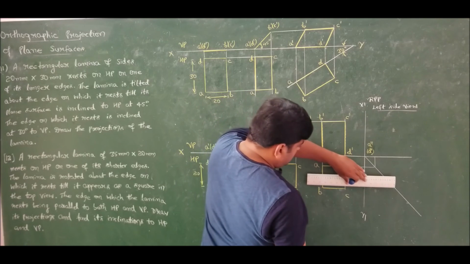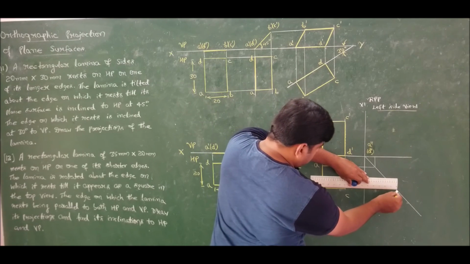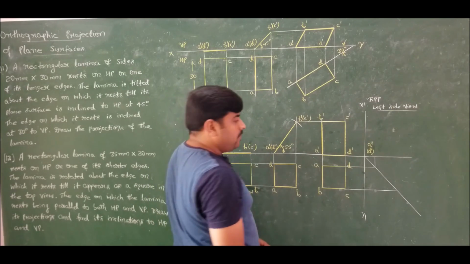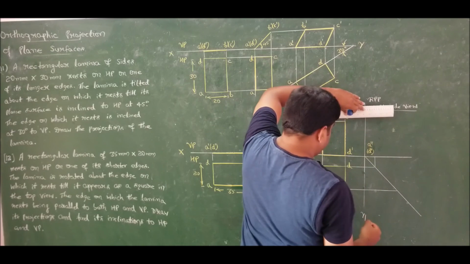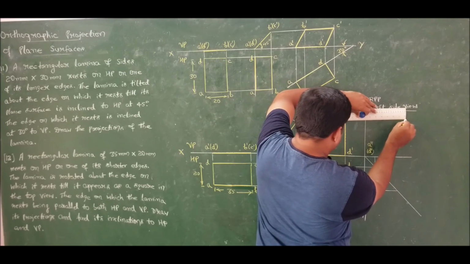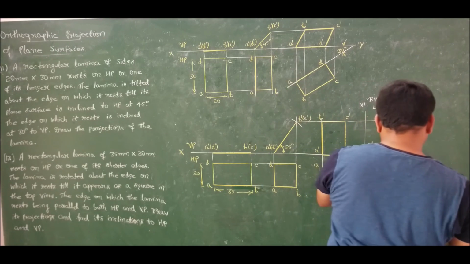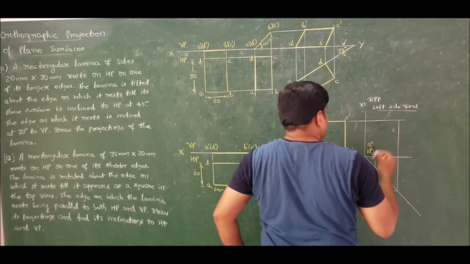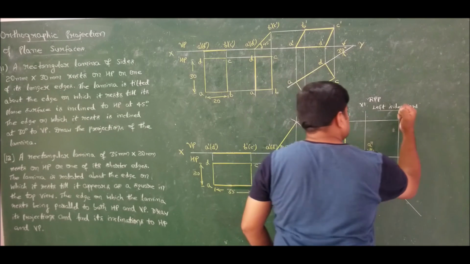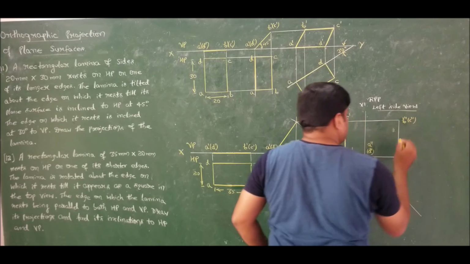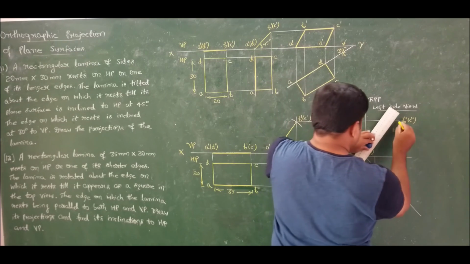Similarly, take projection. We are taking the left side view because we are plotting on the right profile plane. B and C will come here. So this will be B double dash, C double dash. Now you join.